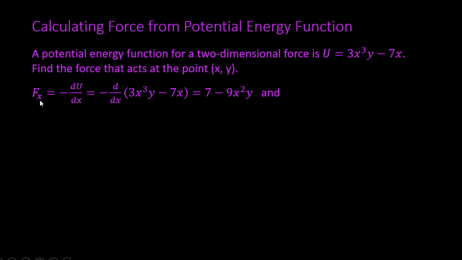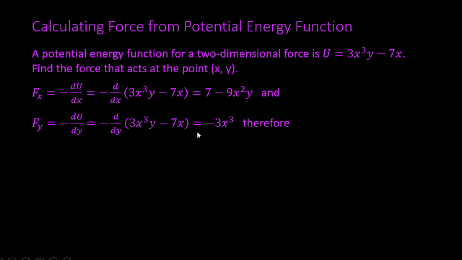The force in the x dimension is going to be equal to negative du/dx. So we go ahead and differentiate this expression with respect to x, and we come up with 7 minus 9x squared times y. And then we have to evaluate the y component of the force. So we're taking the derivative of the potential function with respect to y. And of course the force is equal to negative that.